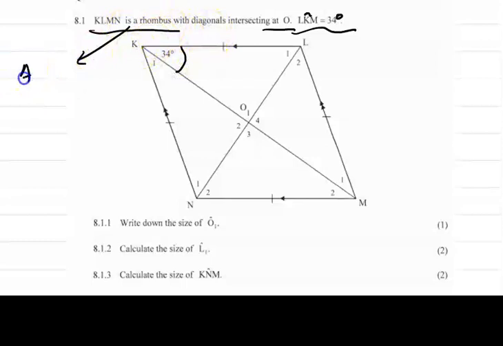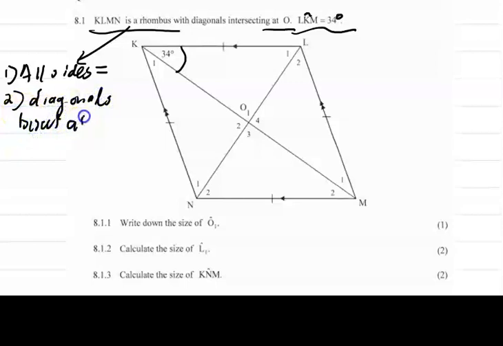Remember that all sides of a rhombus are equal. That means the adjacent sides are all equal. What else do we know about a rhombus? Number 2. We know that the diagonals bisect each other at 90 degrees. So all these diagonals bisect each other at 90 degrees.